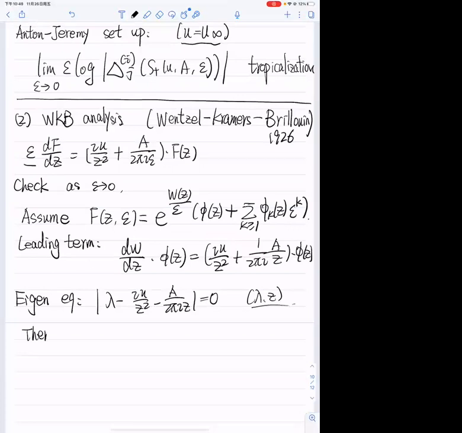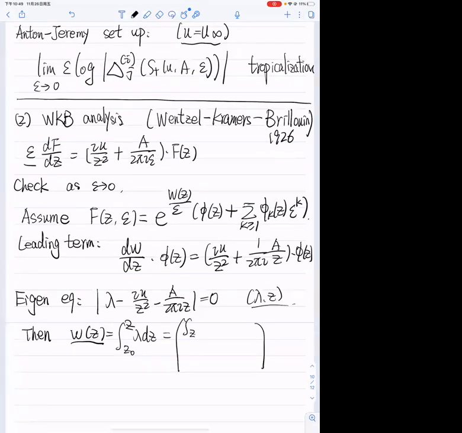Then one solution can be chosen as follows. What we talk about here are fundamental solutions. So all the omega(z), phi(z) are matrix-valued functions. We can think of each omega(z) as a diagonal matrix given by the integration of the eigenvalues.